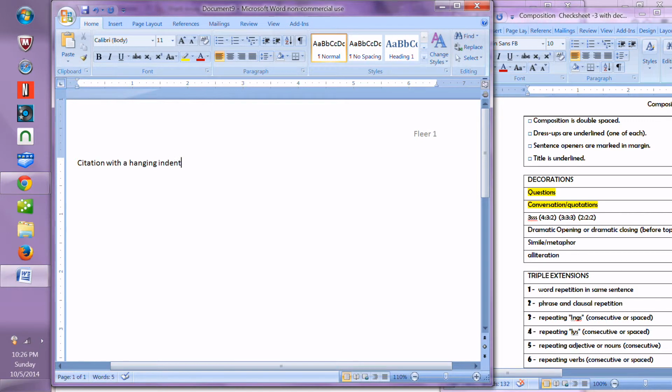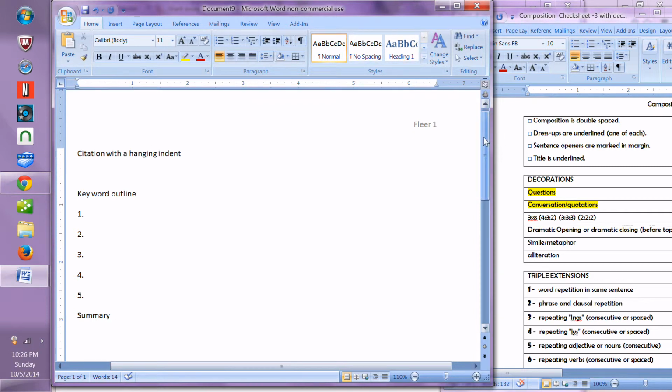That's going to be the first thing that you're going to have on your paper. And then the next thing that you're going to have is we're going to do your keyword outline. And then your summary. So have all of that in one document together.